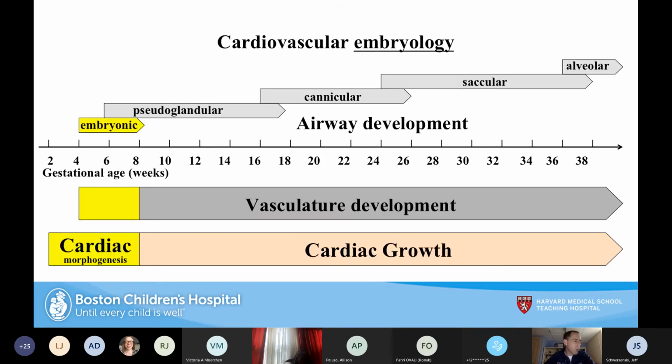Bring us to 2021. We know that cardiovascular embryology is really built on a platform that's linked to airway development, which all of us are very familiar with, from the embryonic stage to the alveolar stage. And the vascular development arises from a temporal and spatially controlled process that's linked to cardiac growth that actually precedes airway development.